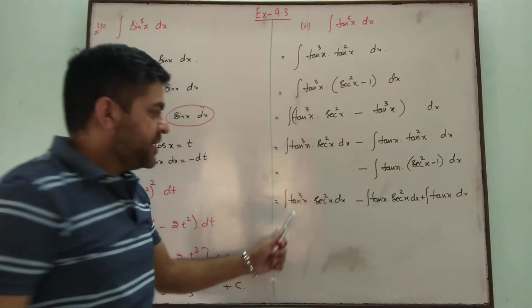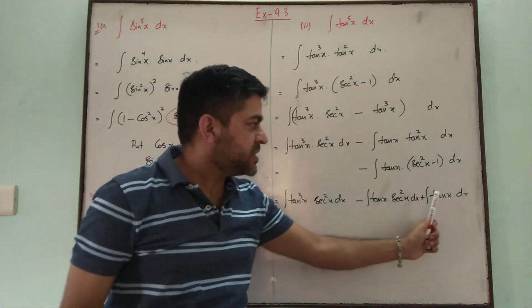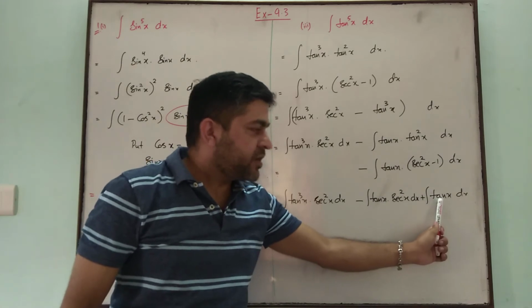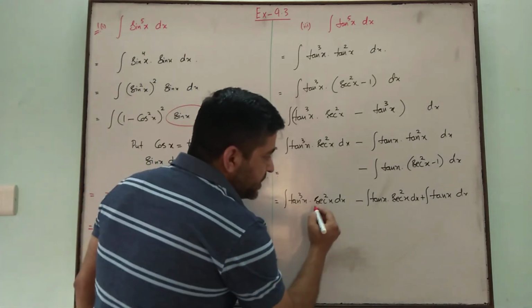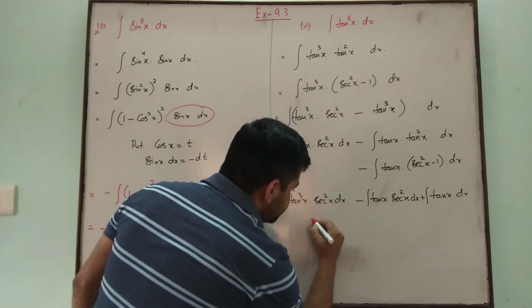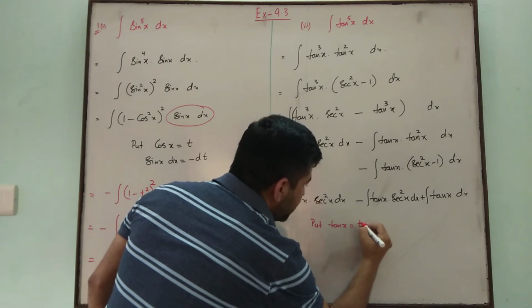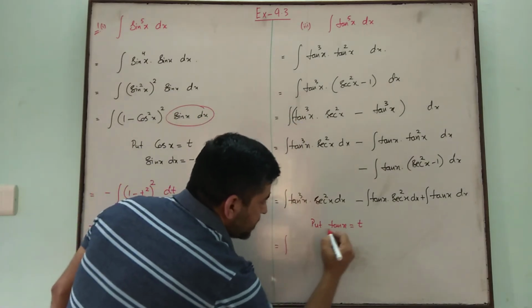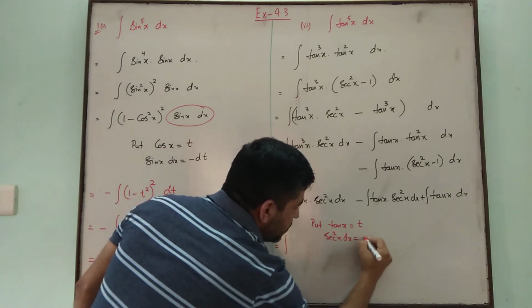Now you can see the derivative of tan x is secant square x, and the integral of tan x we know directly. So in the ones where we got the derivatives, we need to put tan x equal to t, so the question changes to secant square x dx equal to dt.